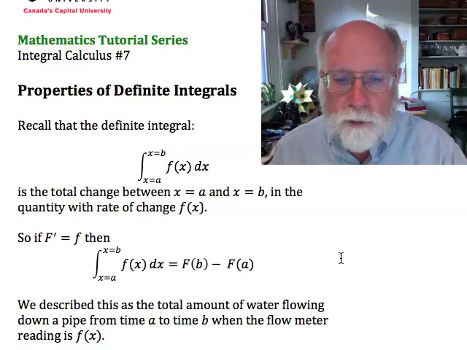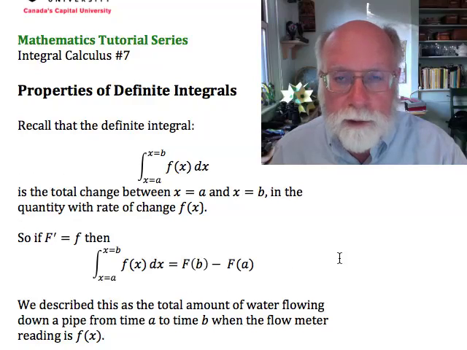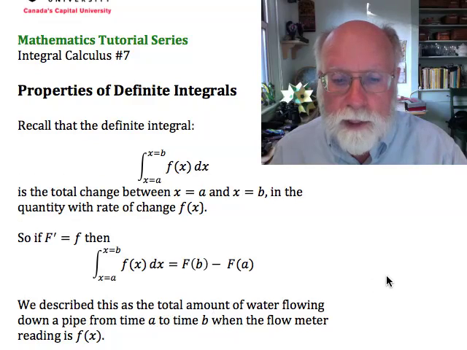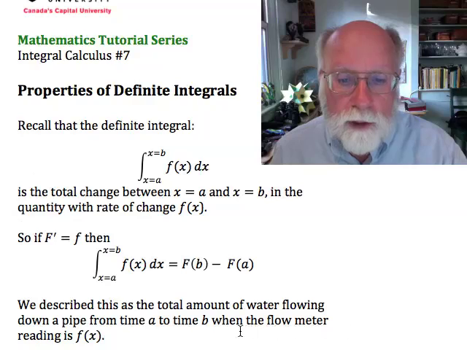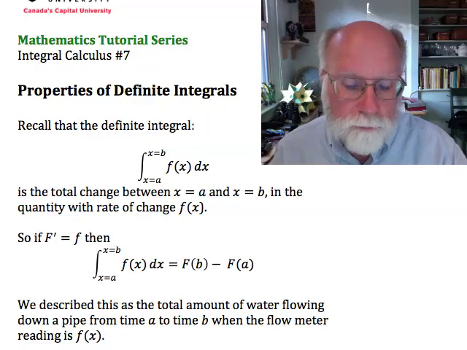The antiderivative is the quantity of water accumulating in the bucket at the end of the pipe. And so the integral from a to b is the total amount of water between the times a and b that flows out, given that the flow meter has the readings f of x. And that's the analogy that we're using.